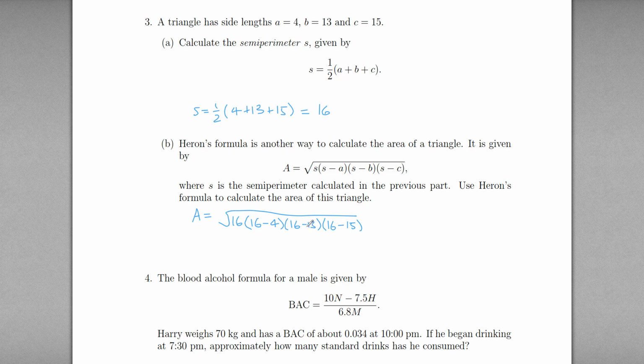Now, I probably won't type all of that in, because some of this is easy enough for me to do. Don't be too lazy with it. So we can think of it as 16 times, that's 12, and that one would be 3, and that one would be 1.